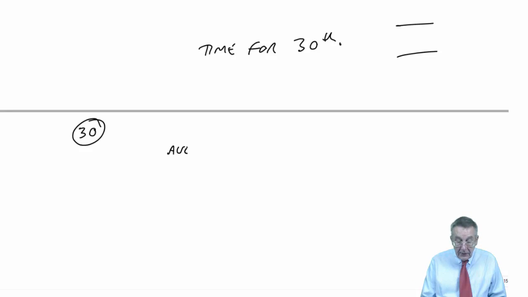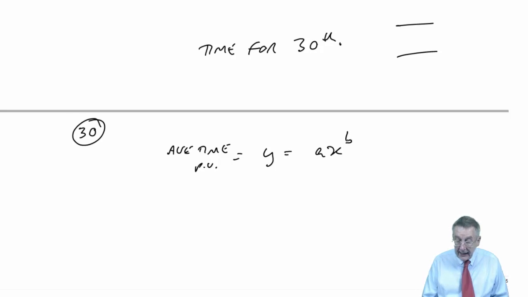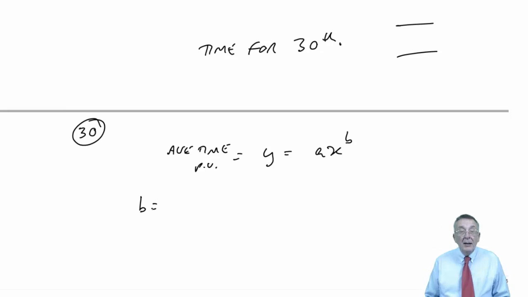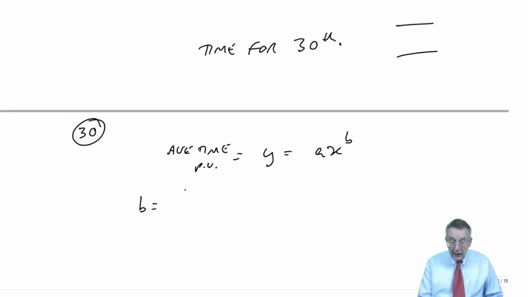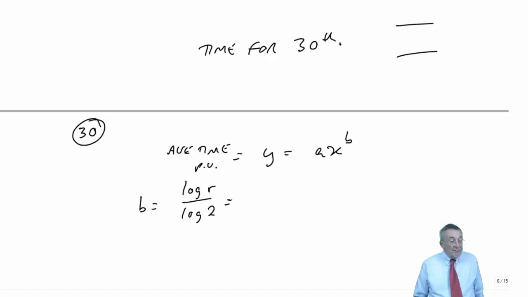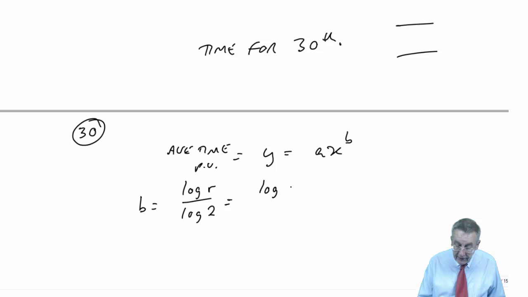Well, the average time per unit is y, which is ax to the power b. But before I can actually use the formula, we need to work out b. And b is the log of r, the learning rate, over the log of 2. Now the learning rate here is 85%, or 0.85.